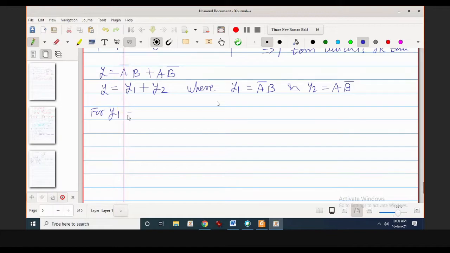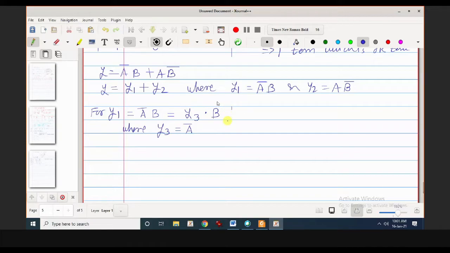So Y1 is equal to A bar B. I'll write this Y1 as Y3 dot B, where Y3 is nothing but A bar.